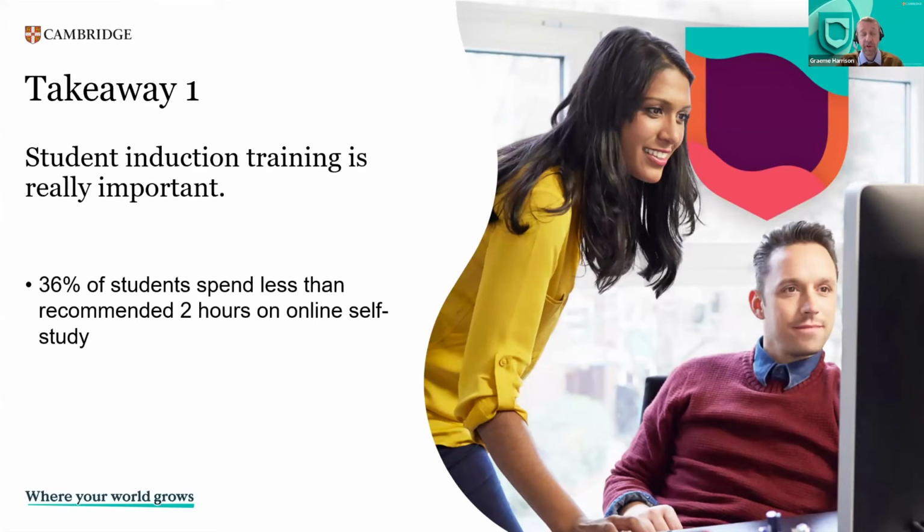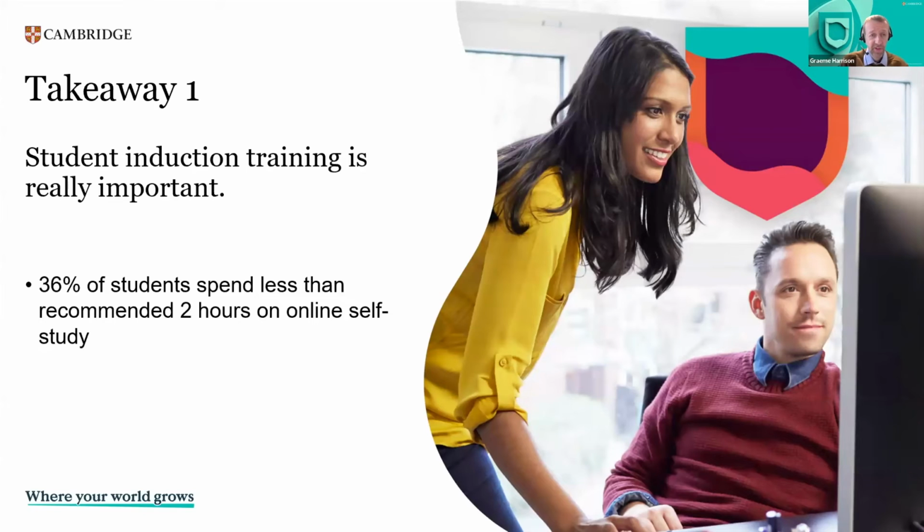And obviously that has repercussions for the face-to-face classes, the teacher-led classes as well, because if you've got a third of the students who are not preparing properly for the classes, it means that teachers are limited in what they can do. They probably have to spend time explaining grammar, etc. So, you know, it's a really key part of the flipped classroom approach, that students do take the time to do the preparation for the classes.